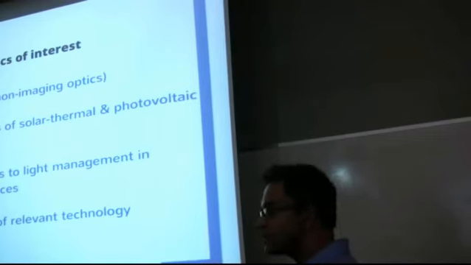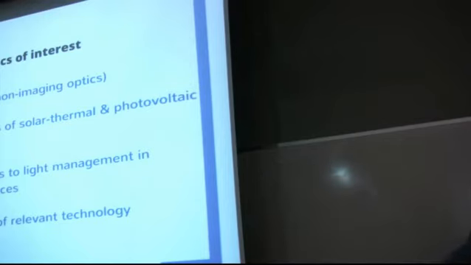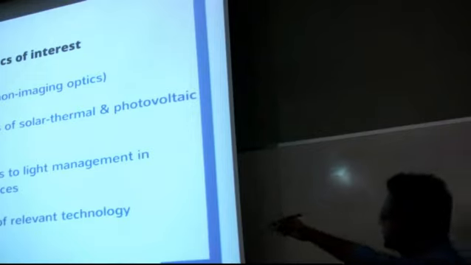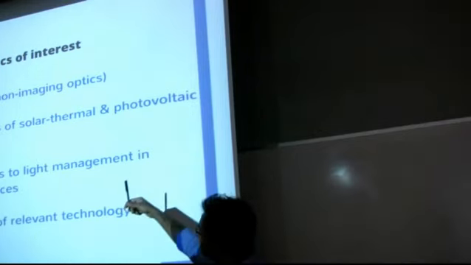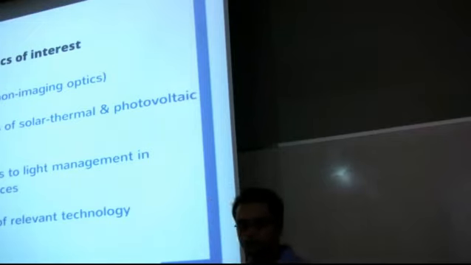You have seen this before. It's mostly a review, but review with very specific applications in mind. So keep that in view. In particular, we will look at solar thermal devices, photovoltaic devices, things like that. Photovoltaics is solar space. We'll talk a little bit about the physics of these as well.